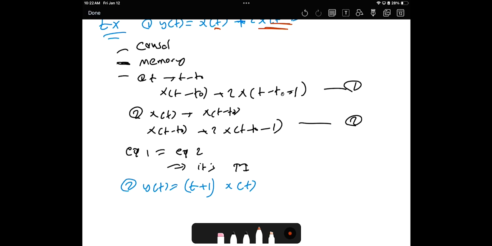Look at the inputs, x of t, depending on the present input. So is it causal? Yes. Now, is it memory or memoryless? What do you think? Is it depending on the future or past inputs? No. So it's memoryless.